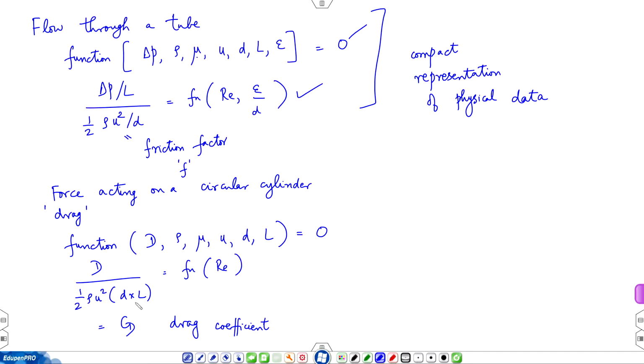Now, this quantity d times L is the projected area. So, this is sort of important from an applications viewpoint. For flow through a tube, we said you may replace a diameter by hydraulic diameter if the tube cross section is not circular, or you have a free surface formed inside the tube, it is partly filled, or it is an elliptical cross section.